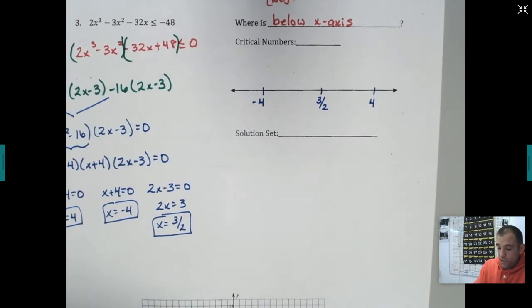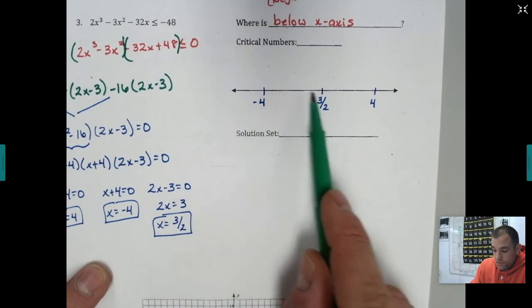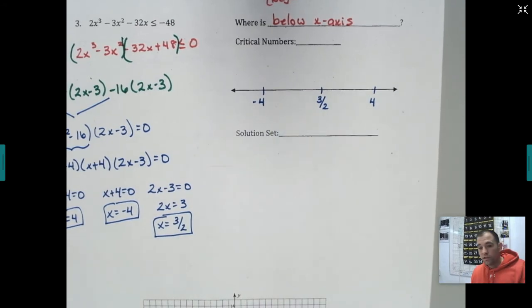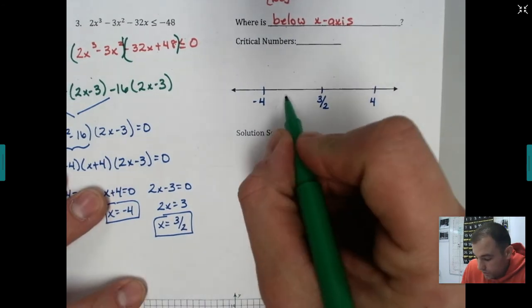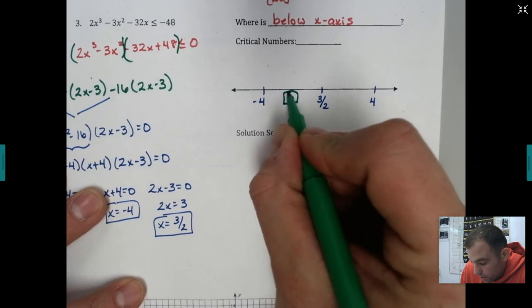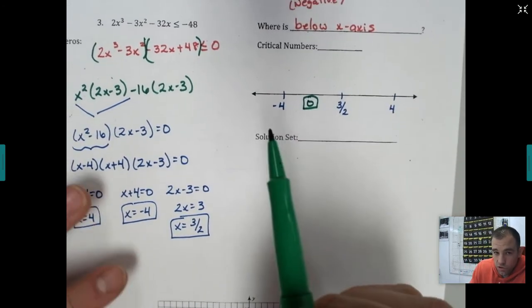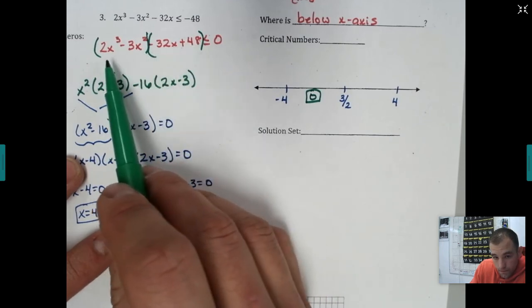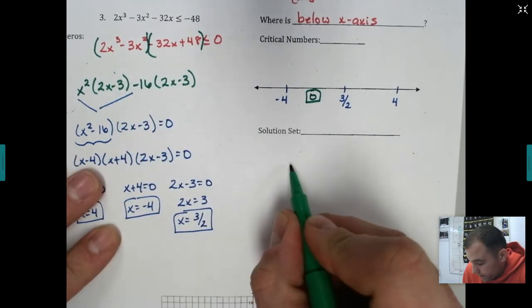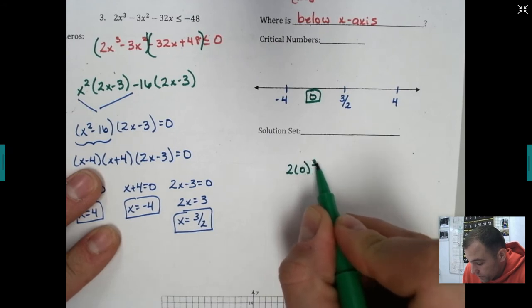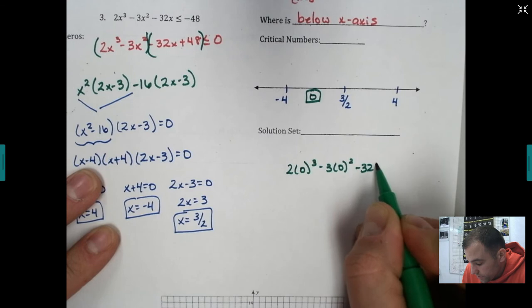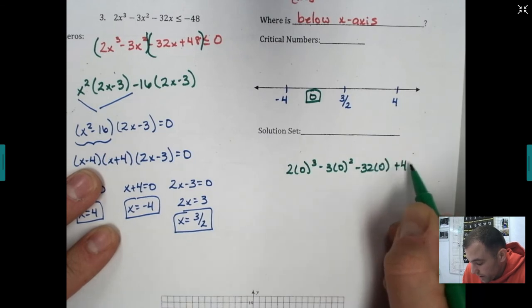And now I have more intervals to check. I have 1, 2, 3, 4 pieces that I have to check. But I always do 0 first because 0 is the easiest one. So 0 is going to fall in here. If I were to plug 0 into this problem, it would give me 2 times 0 cubed minus 3 times 0 squared minus 32 times 0 plus 48.